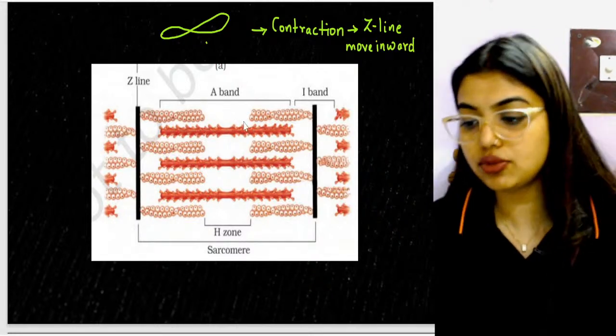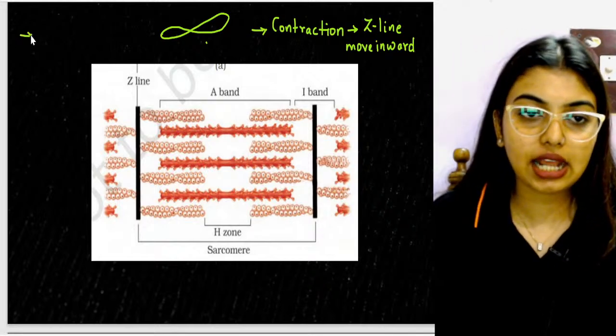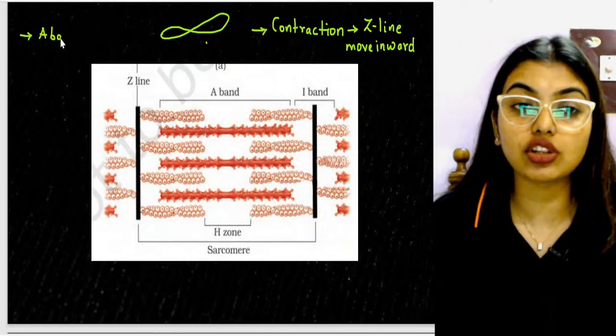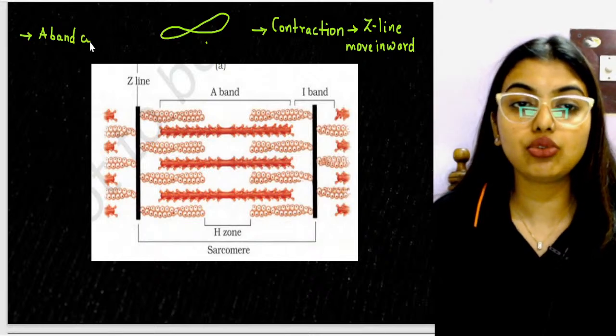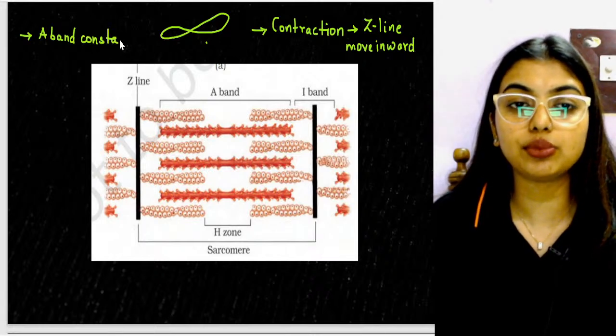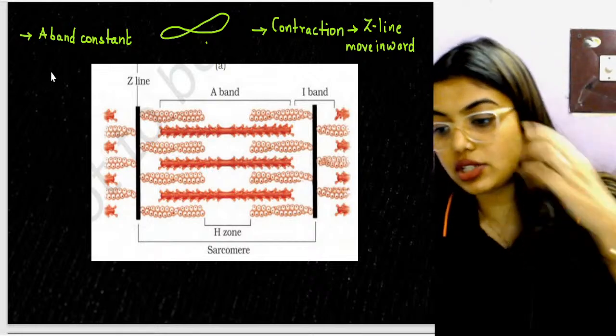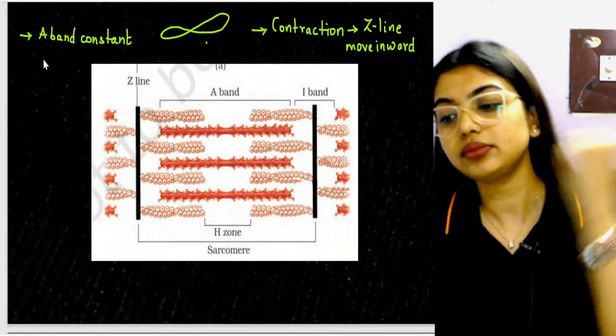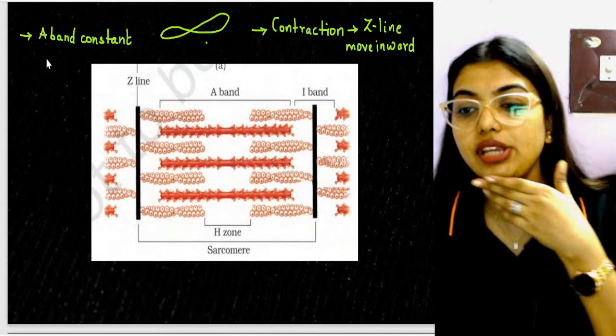Got it? Z line moves inwards. The second thing that happens is the A band remains constant. The A band is like, you do whatever you want to do, I am not going to move an inch. The A band is going to be constant. Clear?